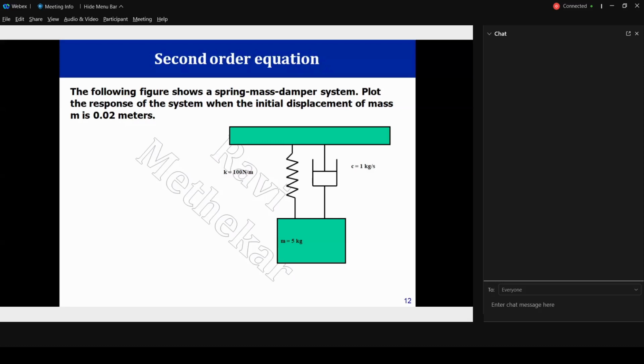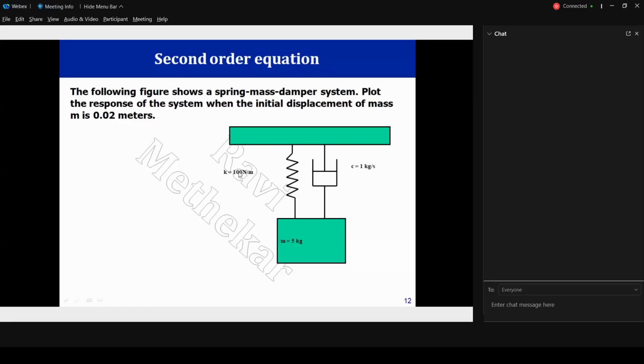Look at the slide. The following figure shows the spring mass damper system, and the response of the system when the initial displacement of the mass is 0. The mass is 5 kg, the spring coefficient is 100 Newton per meter, and the damper coefficient is 1 kg per second.